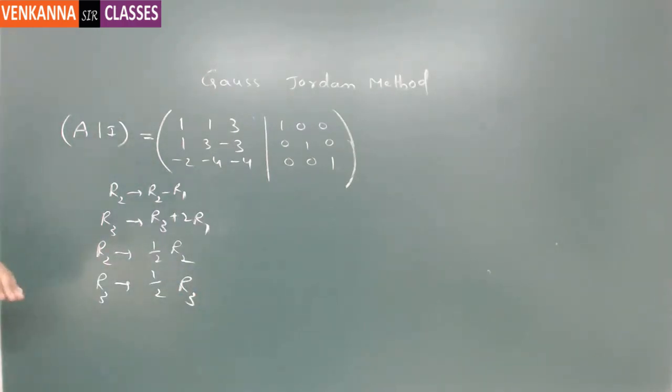Since it is only based on applying row operations, I am excluding this part. Writing each and every row operation and doing the corresponding matrix is somewhat time taking. So straight away I am listing out the row operations and how the necessary change is going to take place.